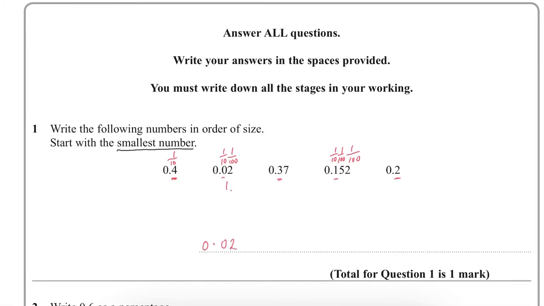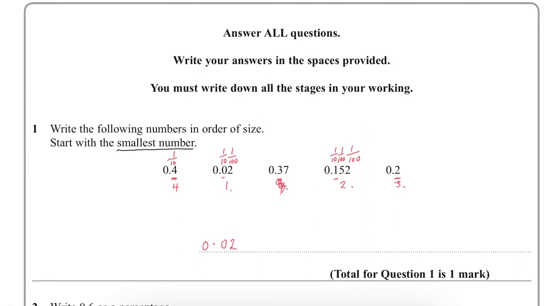So here's our smallest number. Now the next biggest is going to be 0.1, and then 0.2, then 0.3, and then 0.4. Oops, can't even add up. 1, 2, 3, 4.